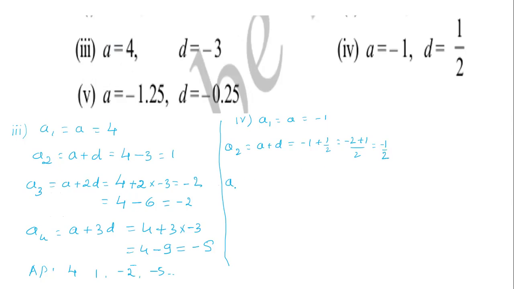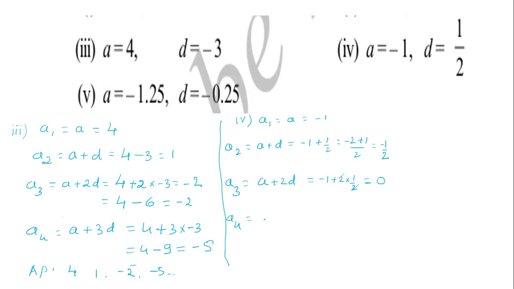A3 is equal to A plus 2D, this is minus 1 plus 2 into 1 by 2, this 2 cancels, minus 1 plus 1 is 0.